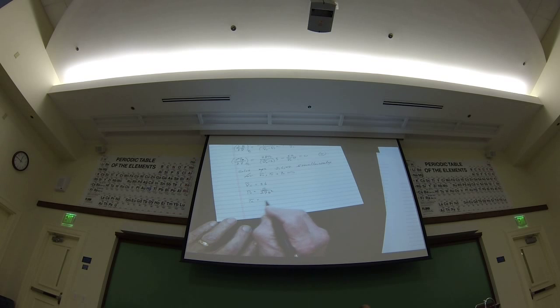TC is 8a over 27Rb. These three equations are called equations 5. So for the Van der Waals gas at the critical state, those properties are all related to the constants a and b.